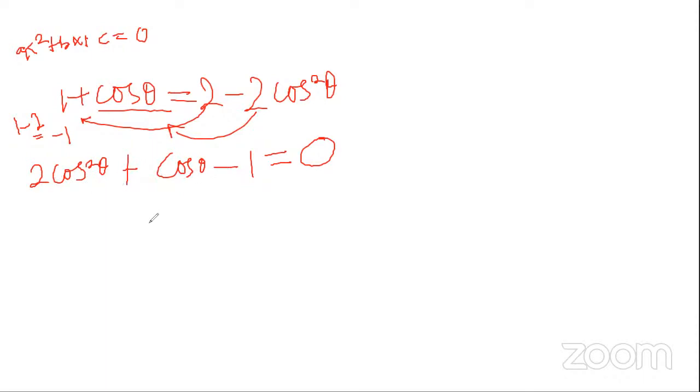But what is most important is for us to first get the 2 times negative 1, and this will give us negative 2. Then we get two factors of -2 that multiply to give -2, but when we add them, they give us 1, the coefficient of cos theta.